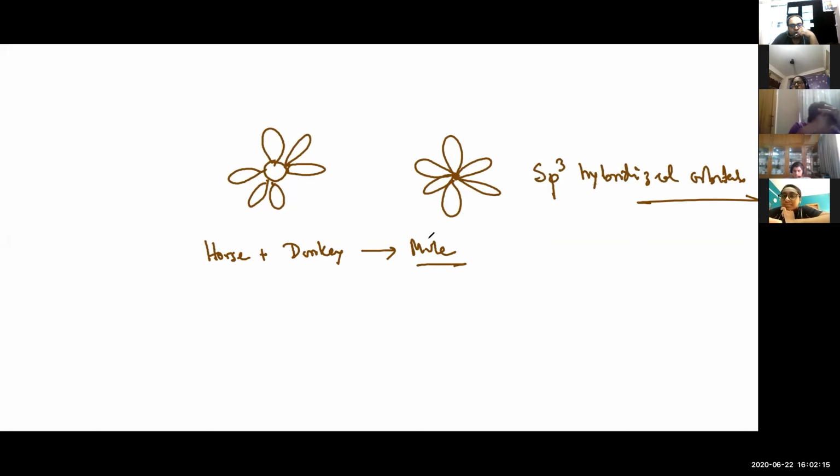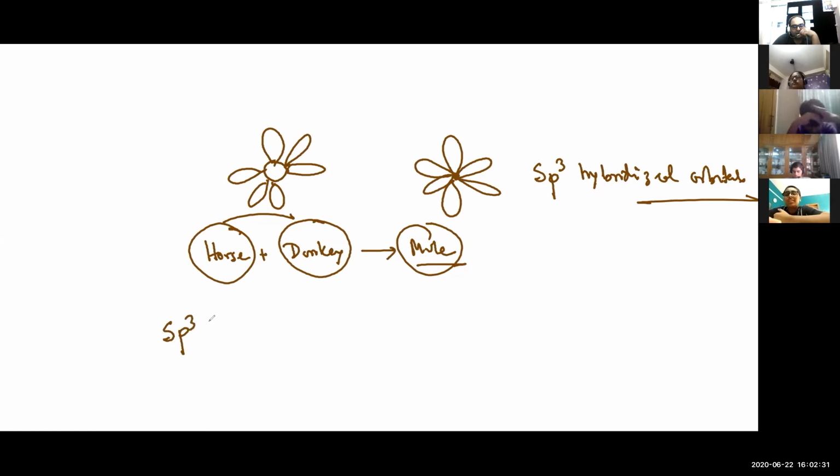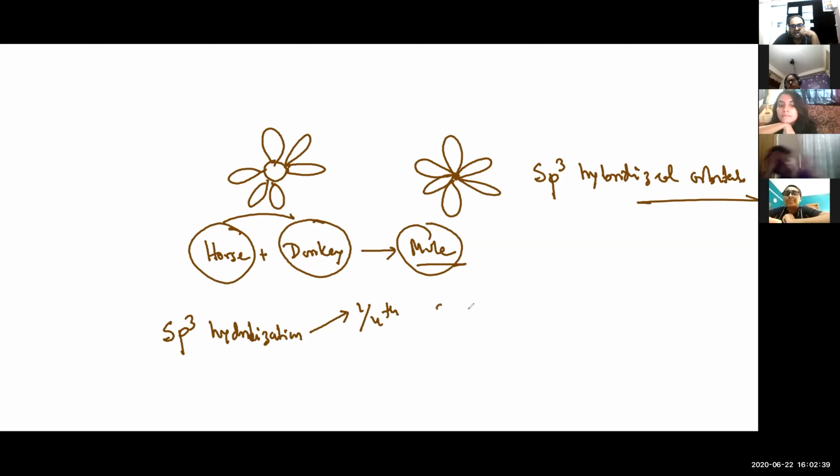So in a mule, will you have just characteristics of horse or just donkey, or characteristics of both? You'll have characteristics of both. Very good. So sp3 hybridization has characteristics of 1/4 s character and 3/4 p character.